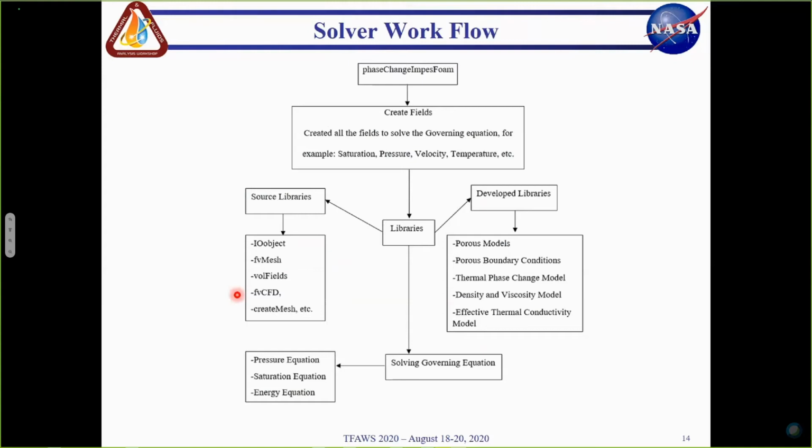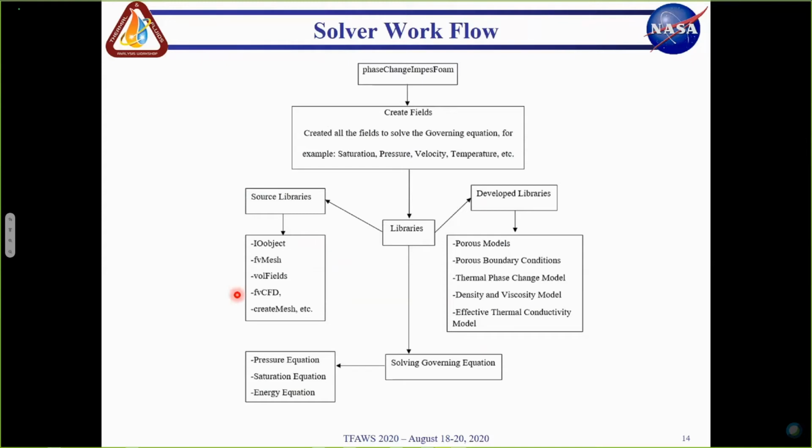Now let us see how our solver flow works. When we initiate the phase change impulse form solver, all the fields are created to solve the governing equations. For example, saturation, pressure, velocity, temperature, conductivity, these fields are created. Then it goes to the libraries. There are two different libraries. One is the source library and another is the developed library. The developed library includes all the models that we just discussed.